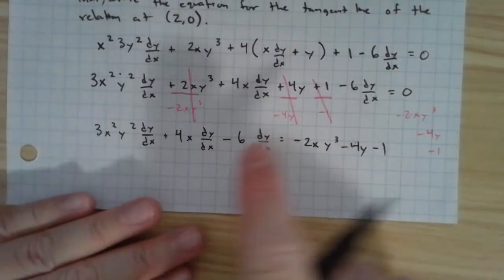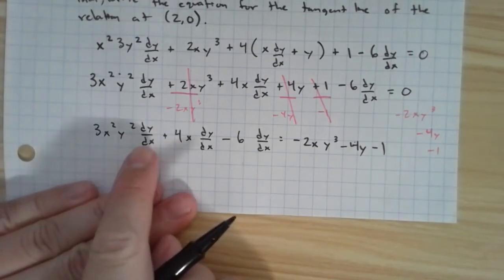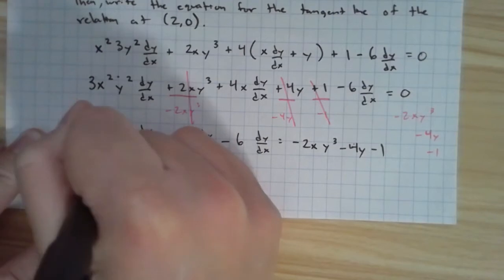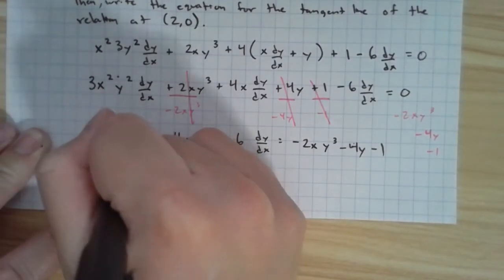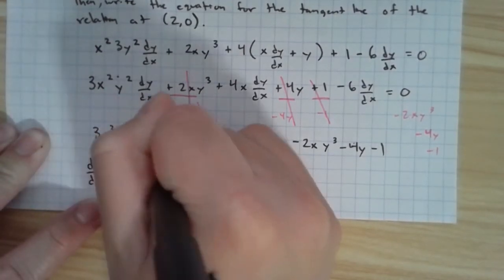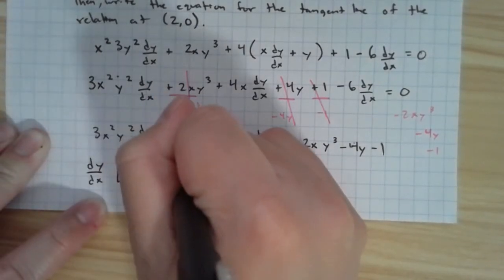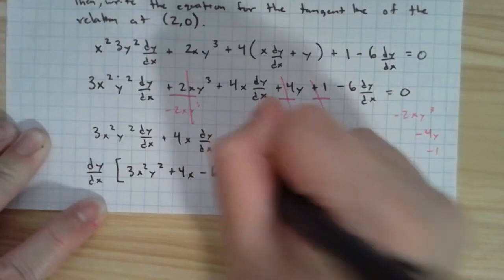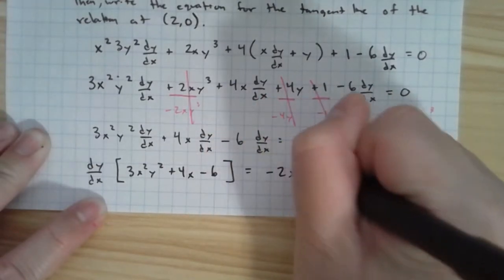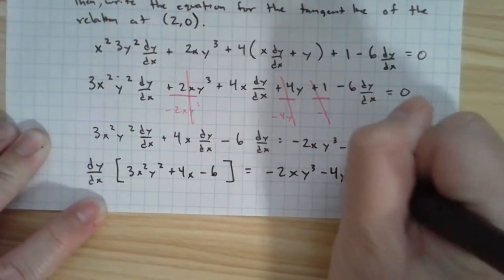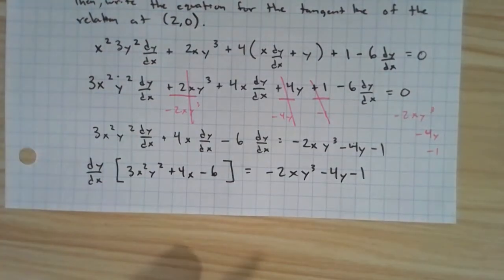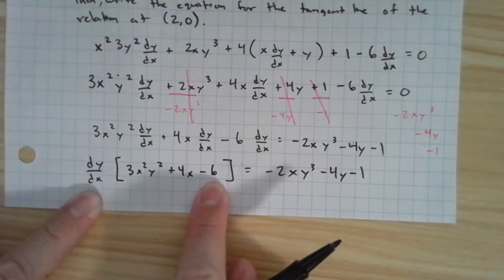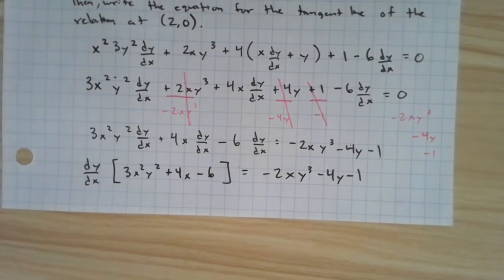And now I can pull out a dy/dx, so I have (3x²y² plus 4x minus 6) dy/dx equal to negative 2xy³ minus 4y minus 1. And now I can divide both sides by all of this, and that'll isolate the dy/dx.